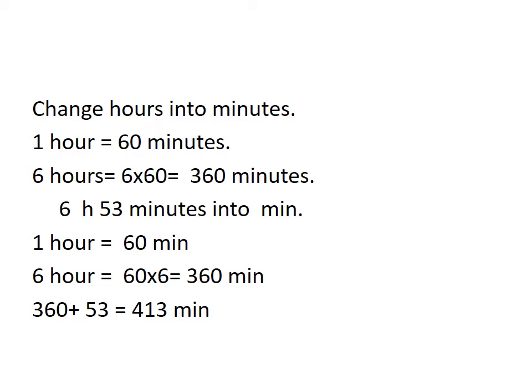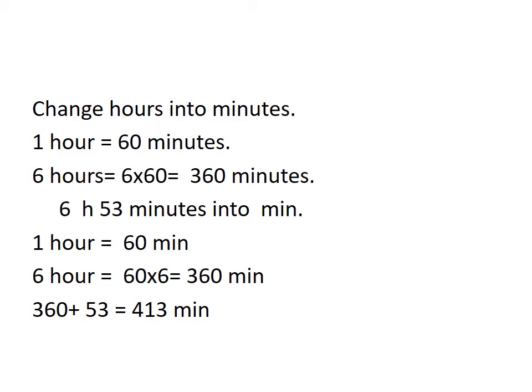Children, you can see two units. First unit is hour and the second unit is minutes, right? And you have to change both into minutes. According to conversion table, 1 hour is equal to how many minutes? Yes, 1 hour is equal to 60 minutes, right?